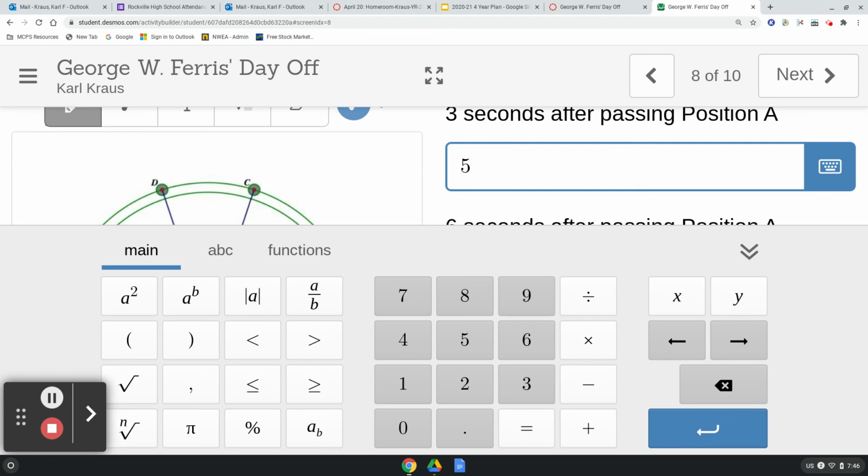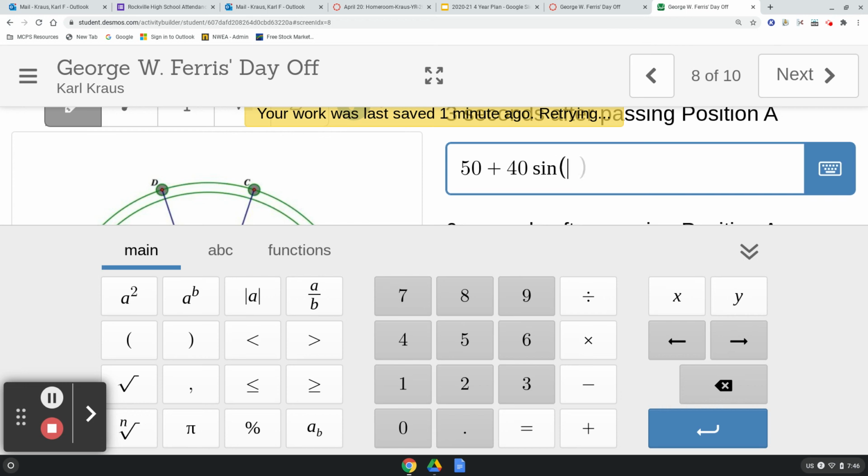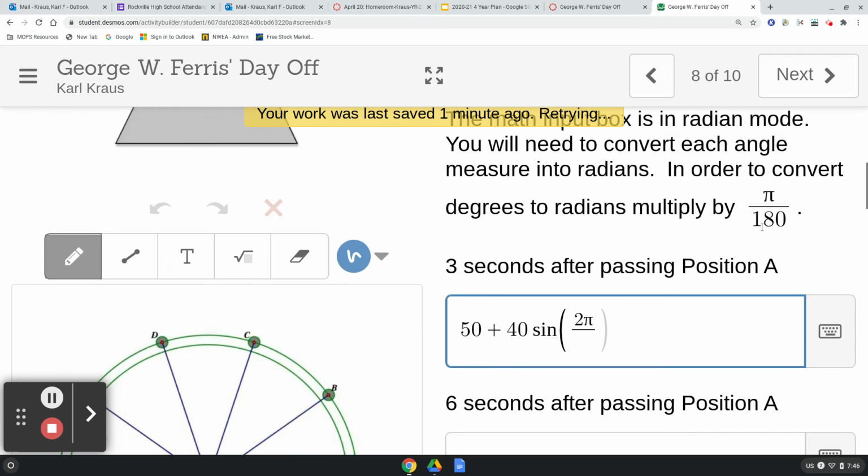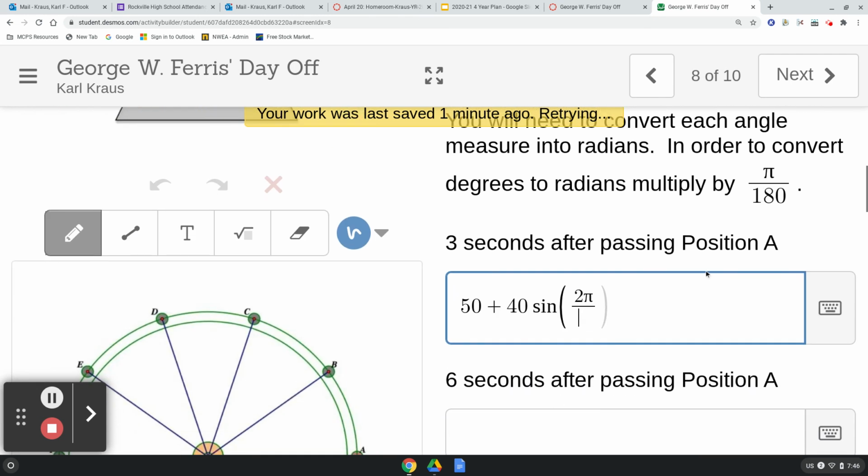So 50 plus 40 sine 2 pi over, and then we know we needed to get the period here. It's 30 seconds. And then times 3.